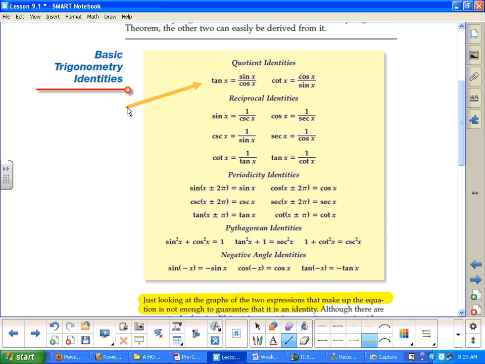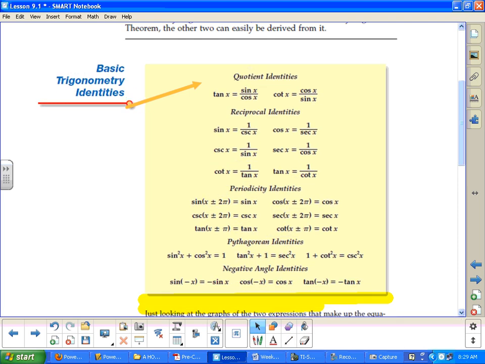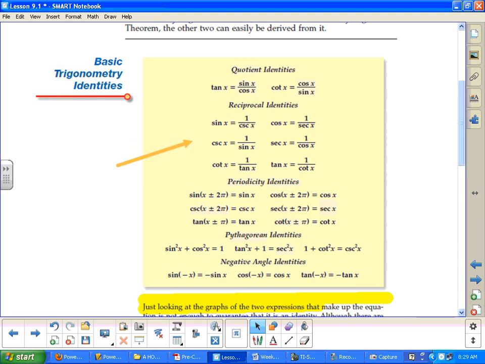So we've got all of them here. We've got the quotient identities, that tangent equals sine over cosine and cotangent equals cosine over sine. We've got all of our reciprocal identities here. We'll be using them. The periodicity identities, those we won't be using nearly as often.